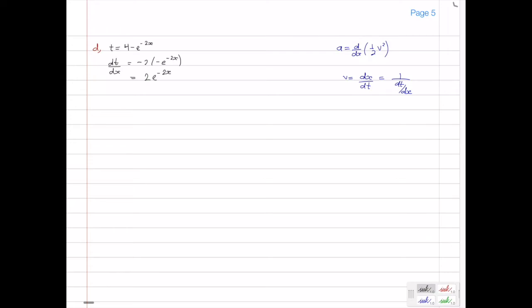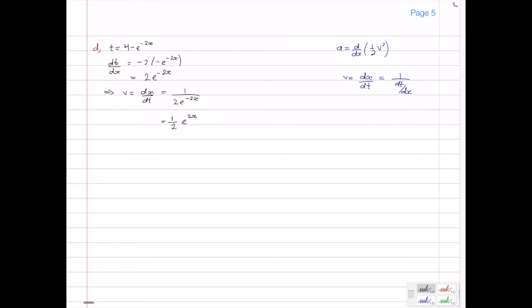So now I have dt on dx, which means that the velocity, which is equal to dx on dt, is going to be the reciprocal of this, 1 over 2 times e to the minus 2x. Now, of course, e to the minus 2x on the bottom becomes e to the positive 2x on top. So I'm just left with a half e to the 2x.